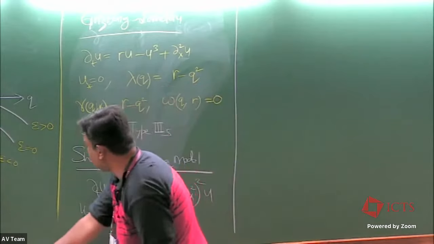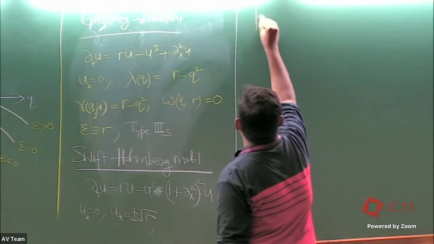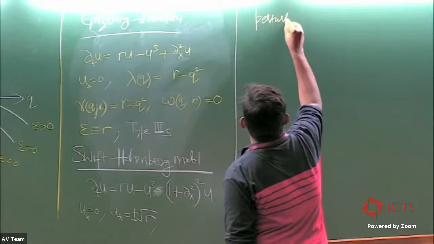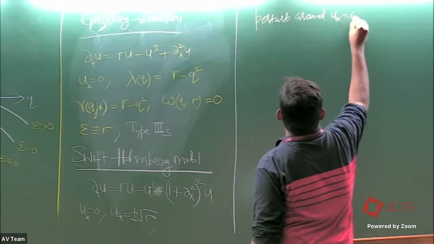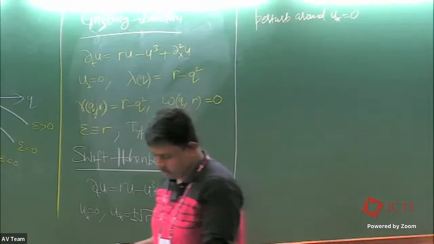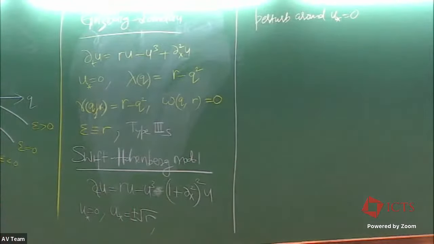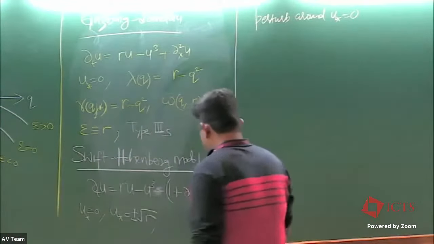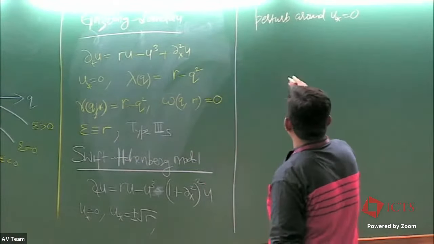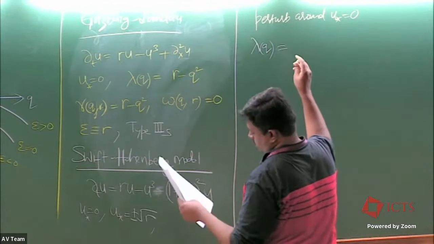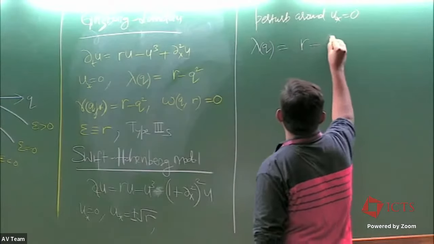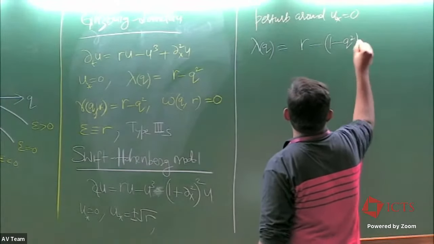I'll leave it to you as homework. So perturb around, say, the U star equal to 0 fixed point. As usual, do the linear stability analysis, figure out how the growth rate depends on the parameters, and show that lambda of q, the growth rate, is basically R minus (1 minus q squared) the whole squared.